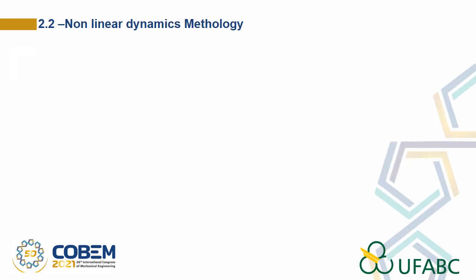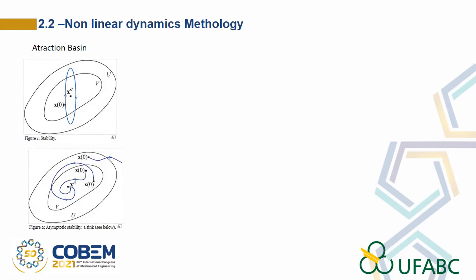The methodology to study the nonlinear dynamics of the present model is composed of the following steps. 1. Use a Lyapunov function to estimate the stationary state basin of attraction. 2.